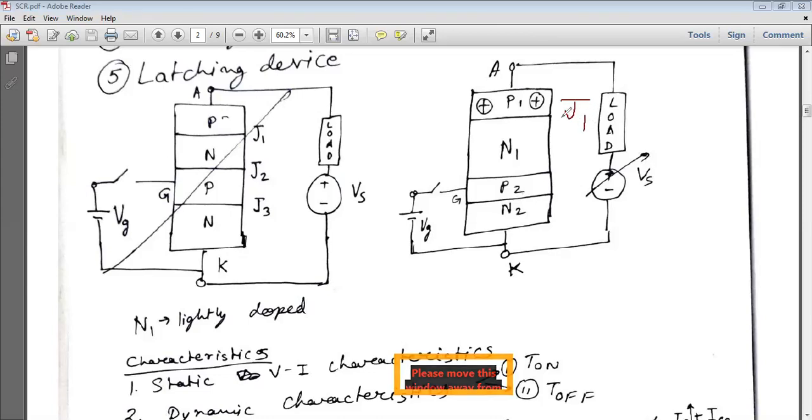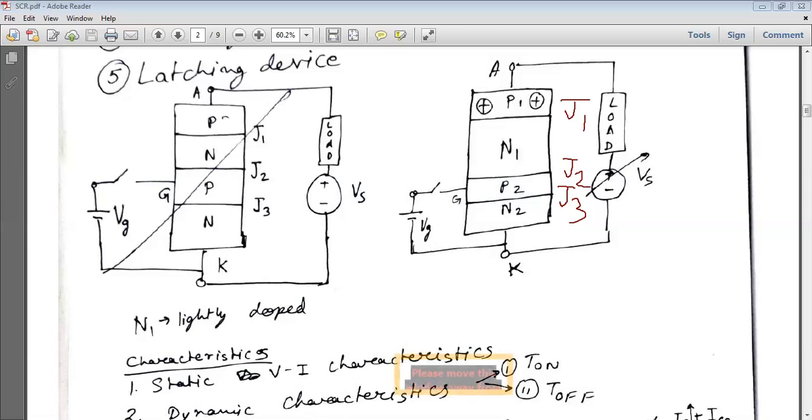So J1 is forward biased, junction J2 is reverse biased, and J3 is forward biased. So junctions J1 and J3 are forward biased.